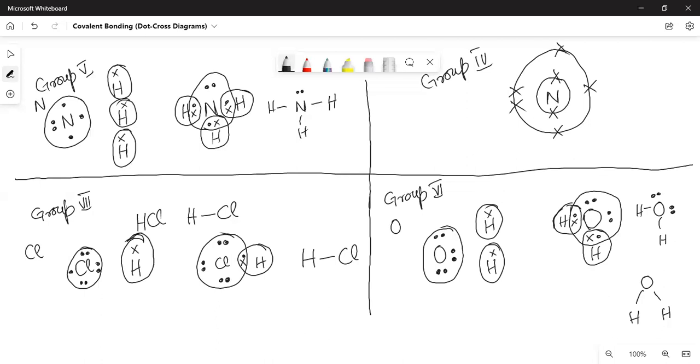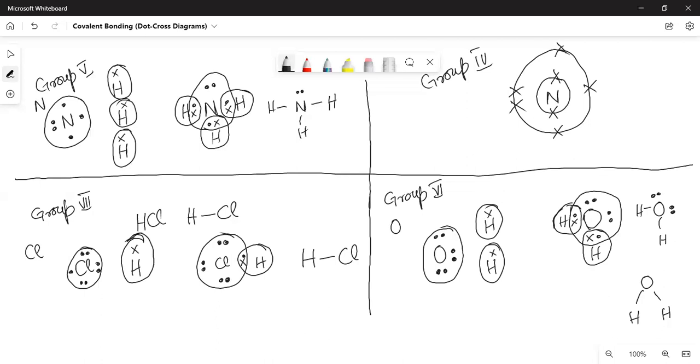Now we understand we are only supposed to go with the outermost shell. The good part about the outermost shell is that the number of electrons in it and the group number are the same. So if fluorine is present in group 7, it has 7 electrons in its outermost shell, and from there onwards, you can easily decide how many electrons it's going to share to complete its octet.